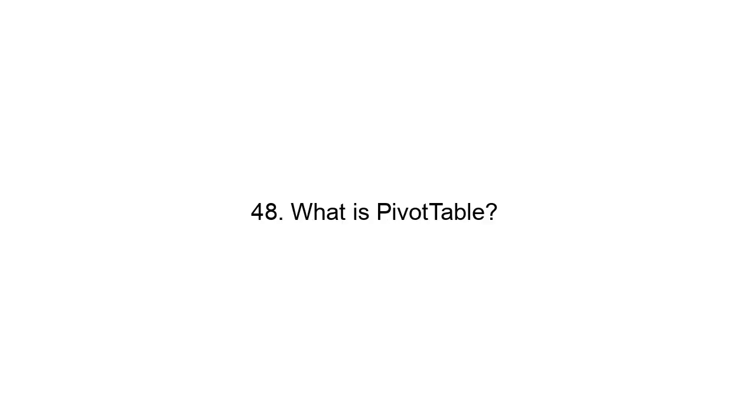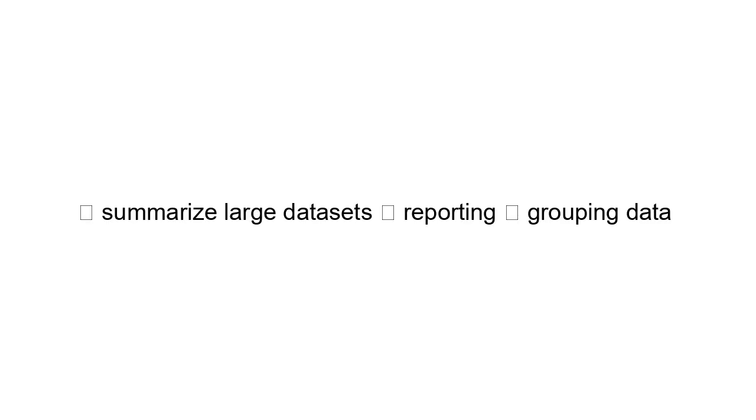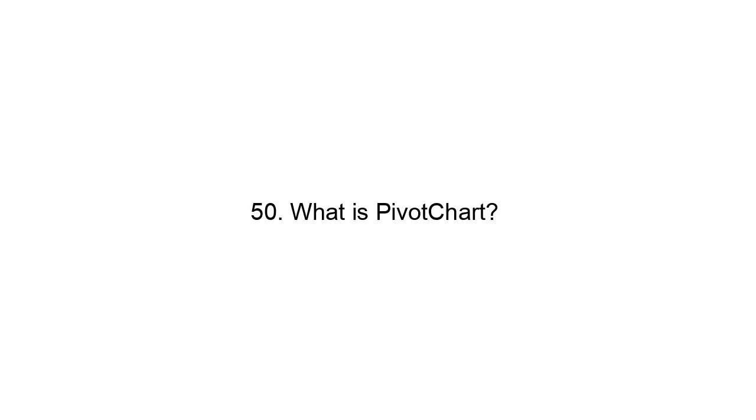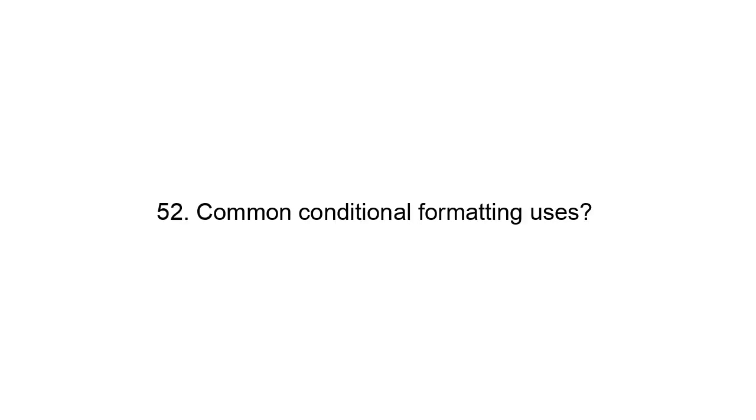48. What is a PivotTable? A tool for summarizing data. 49. Why use PivotTables? To summarize large datasets, for reporting, and for grouping data. 50. What is a pivot chart? A chart based on a pivot table. 51. What is conditional formatting? It formats cells based on rules. 52.